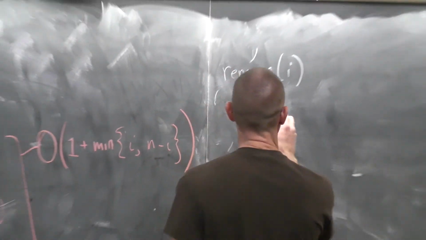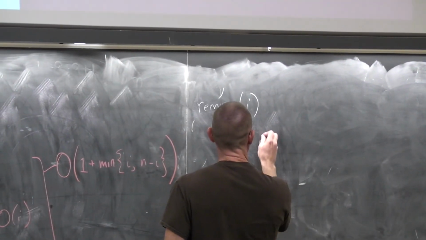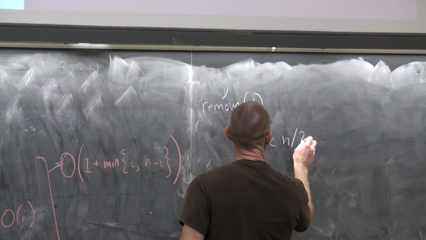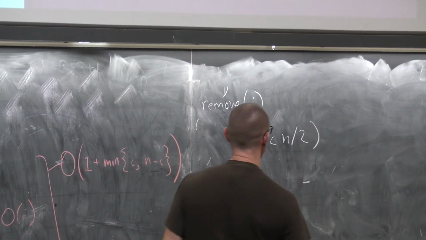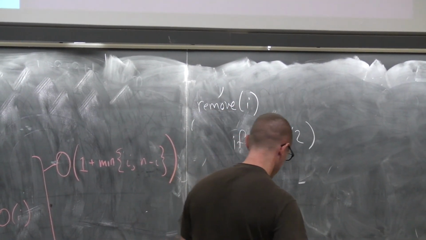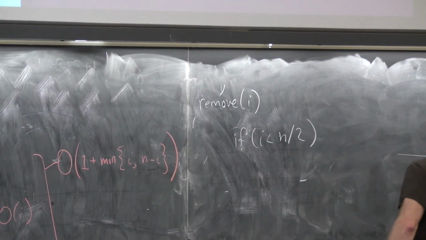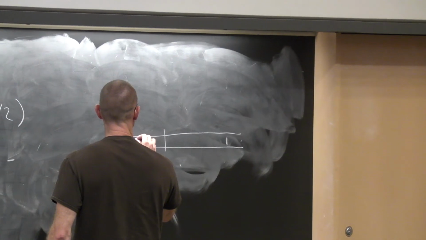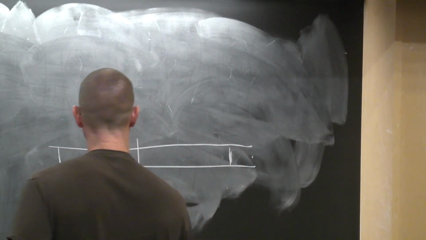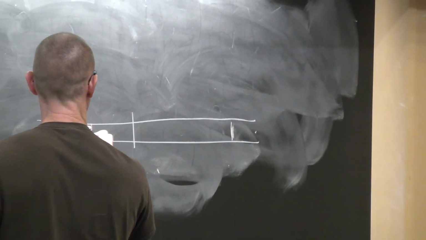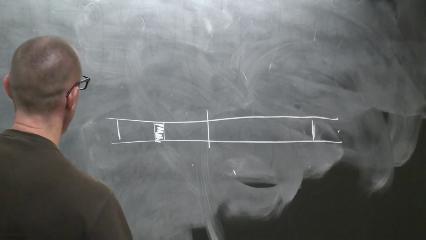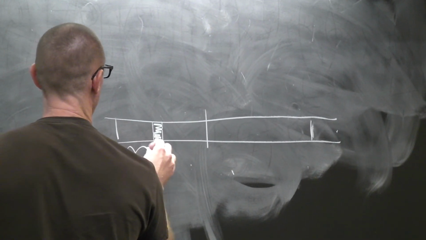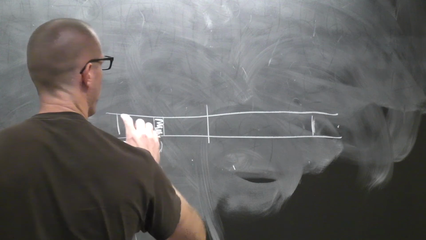And that's just asking if I is less than n over 2. So that means it's closer to the front of the list. So the picture looks like this. Here's the halfway point. I'm trying to delete this thing. So I should take these items and move them over, shift them over to fill in the gap.